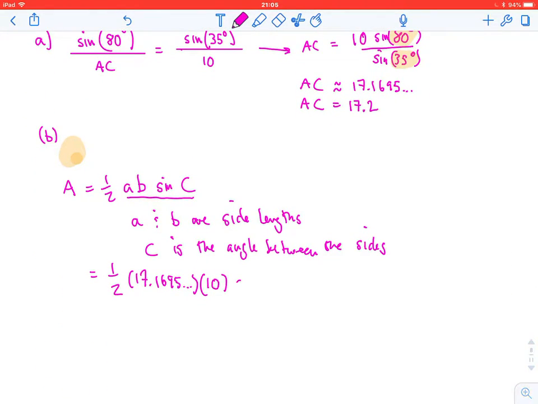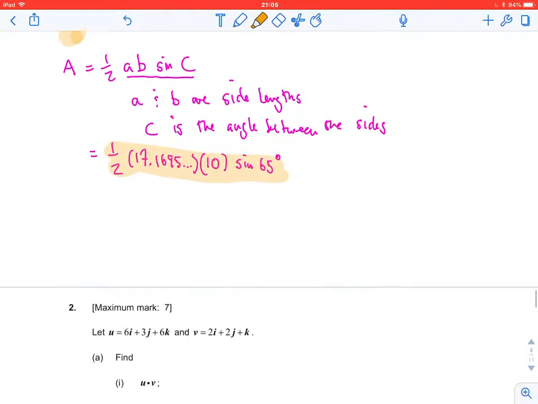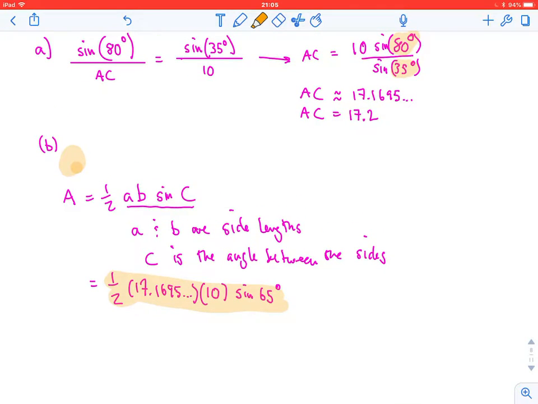So we could multiply all of this by the sine of 65 degrees, and notice that this is the exact same expression as what we wrote before when we were using some trigonometry to find it. But now we don't actually have to use that trigonometry. We can just use the formula given to us from the formula booklet. But both methods work. Just keep in mind where it comes from and how to use this formula, because it's easy for that not to work for you.